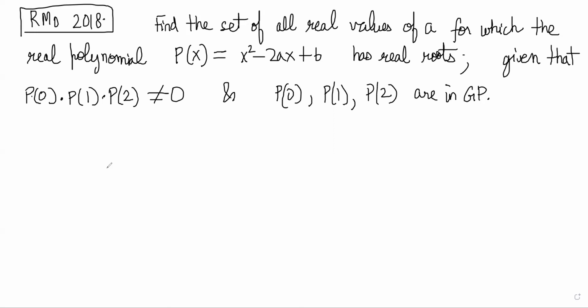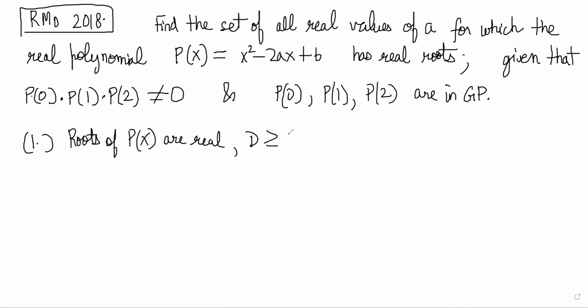And the second condition is that the P(0), P(1), P(2) values of the quadratic form a GP and none of these values is 0, right? So first of all, the base condition that you can say is the roots of P(x) are real. So the discriminant is greater than or equal to 0, which implies for this quadratic 4a² minus 4b is greater than or equal to 0.